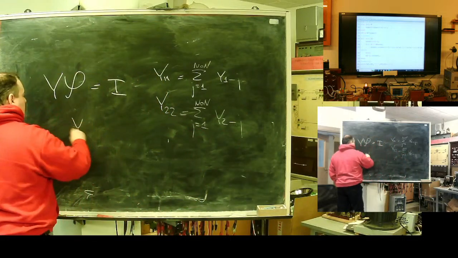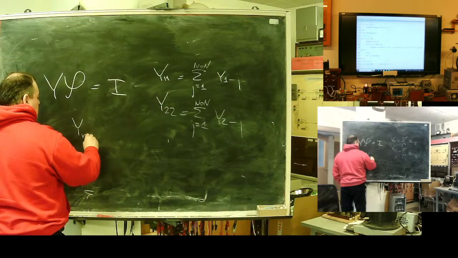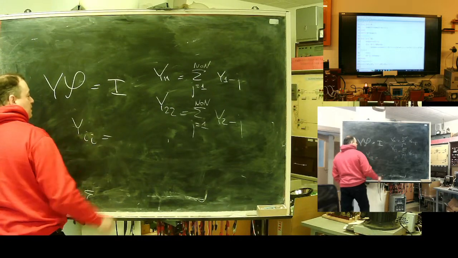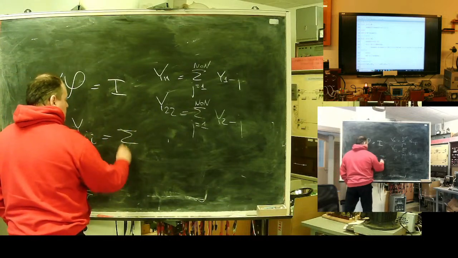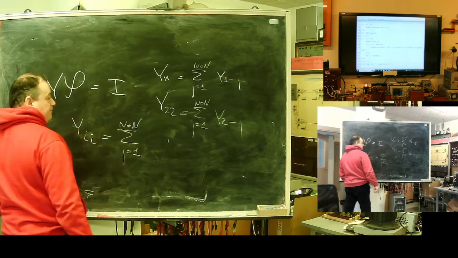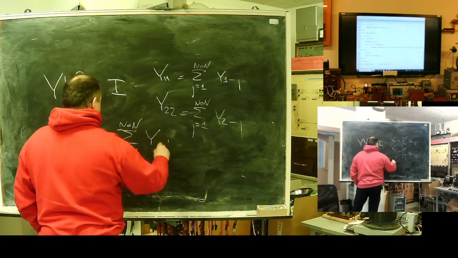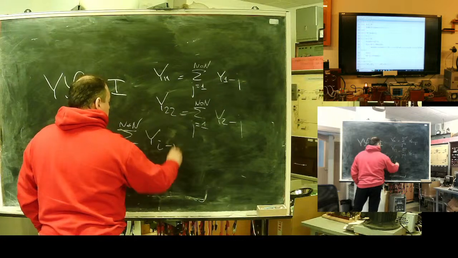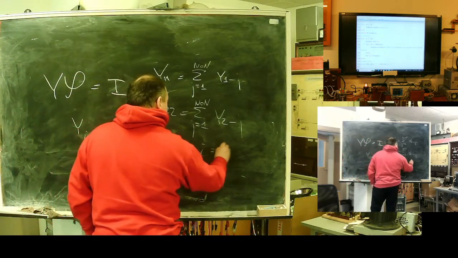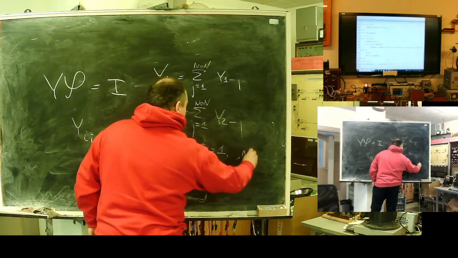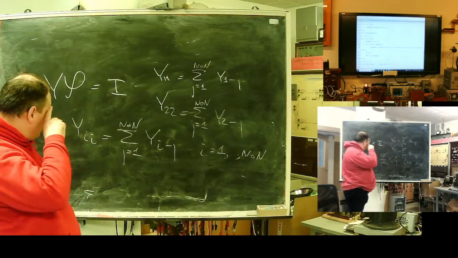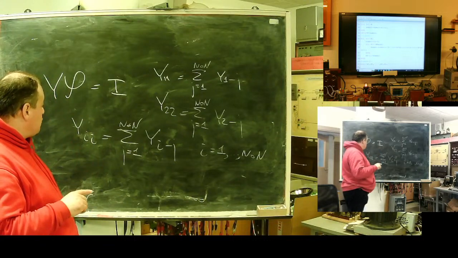So Y, let's say, I is a sum from 1 to number of nodes, where I changes from 1 to number of nodes, plus k is one moment.